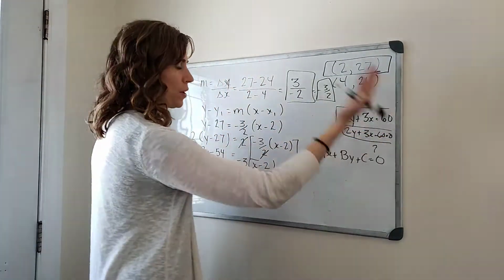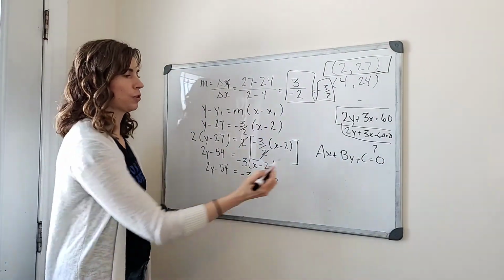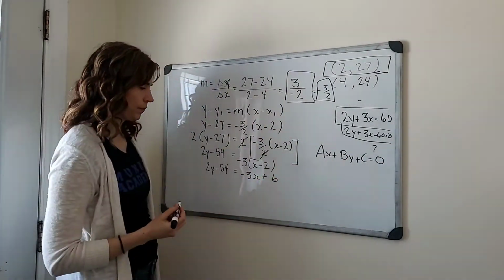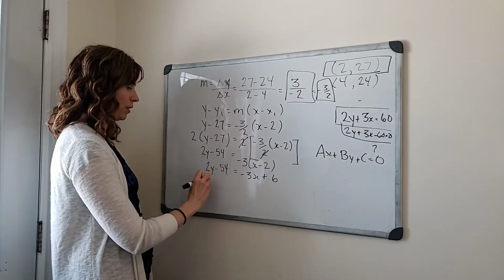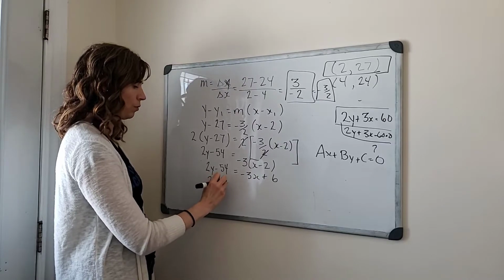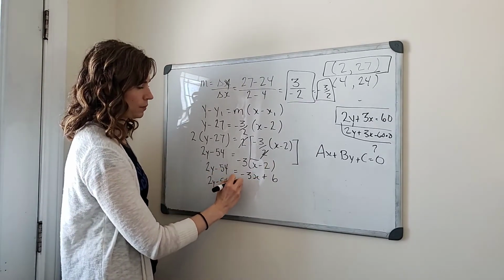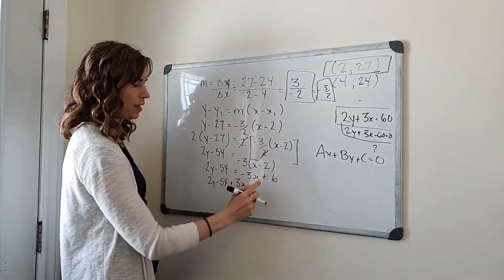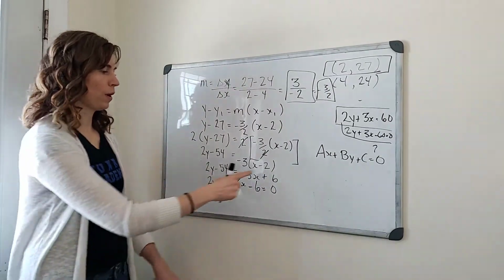There's no party when you're by yourself, so let's bring everything on the same side, and let's make sure that this first one is not negative. Okay, so let's bring everything over to the left side, and then we can rearrange it later if we want. So 2y minus 54, we'll keep that how it is. When we bring this over to the other side, this becomes a positive 3x, this becomes a negative 6, good. Equals 0, right? Because we brought them over.